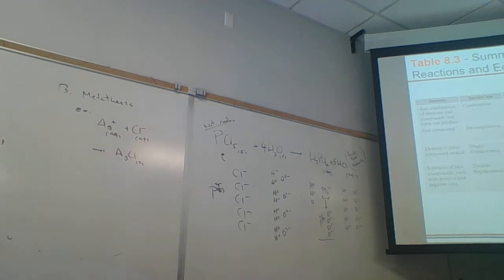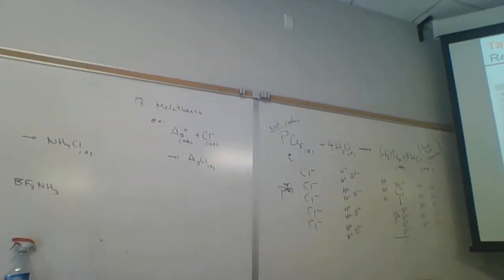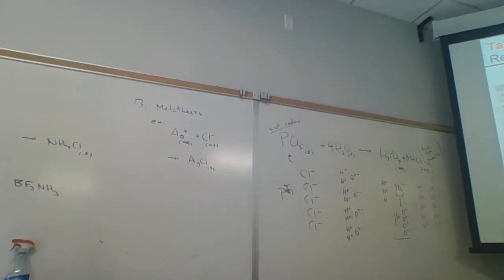I'll talk about the aqueous ions later. So this also looks like a combination reaction. And so we have combination reactions that are redox, combination reactions that are metathesis, and combination reactions that are acid-base, both Bronsted and Lewis.